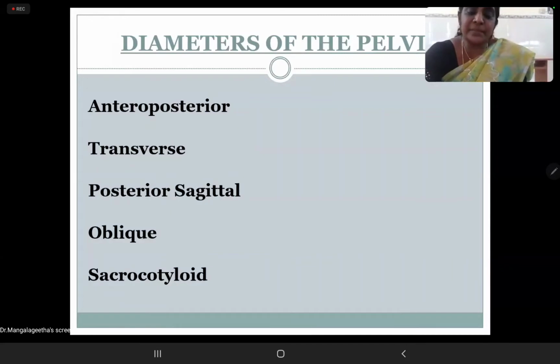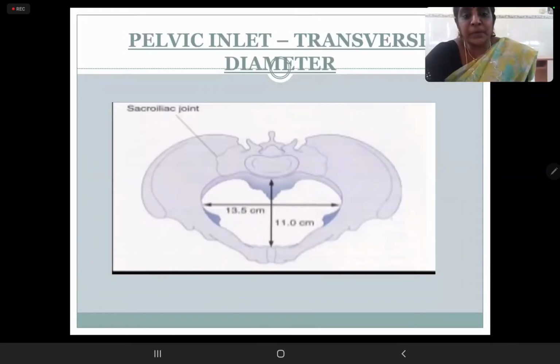Now, diameters. You have to remember these diameters of the pelvis. The main diameters you should know are the anteroposterior, the transverse, posterior sagittal, oblique, and the sacrocotyloid. First, the inlet. The important diameter is the transverse diameter.